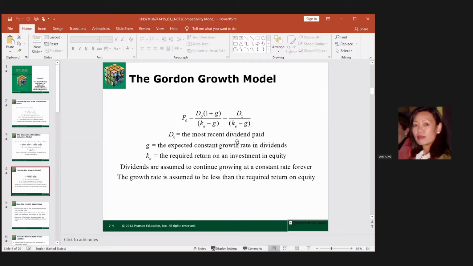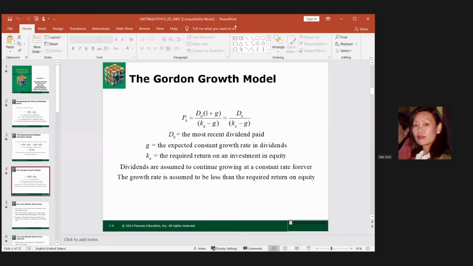If this growth rate is higher than the required rate of return, the denominator is negative. So what happened? Why is it not working? Very good question though. I just want to challenge you.